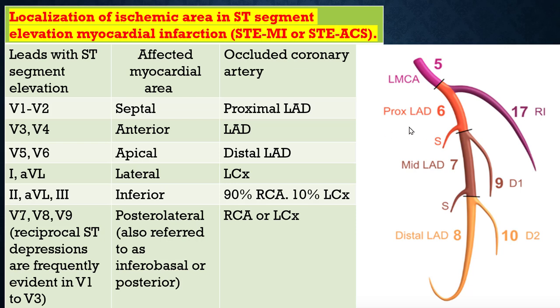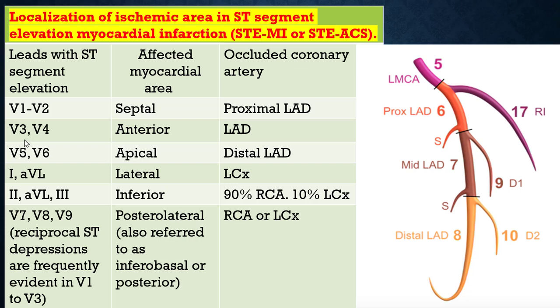Now this is the summary of obstruction in the left anterior descending artery at various spots and its location, and the leads with ST segment elevation. When there is ST segment elevation in V1, V2, the infarction is septal and the obstruction is in the proximal portion of the LAD.